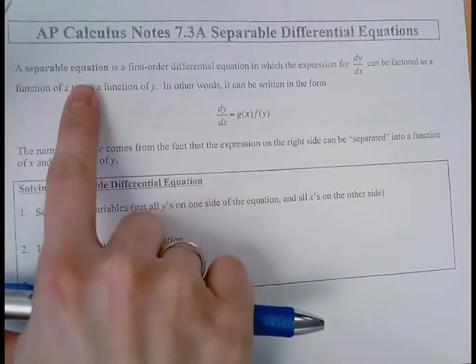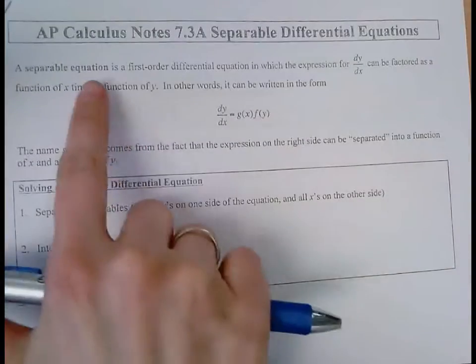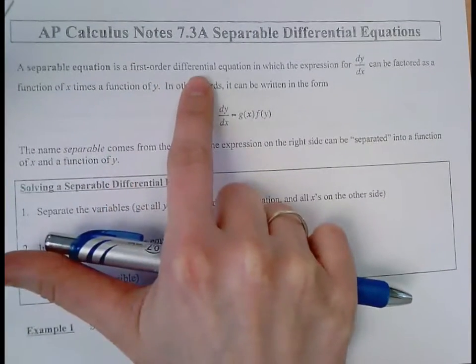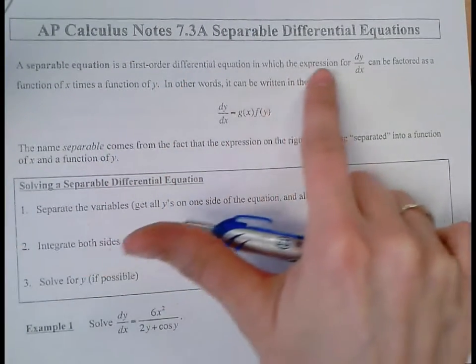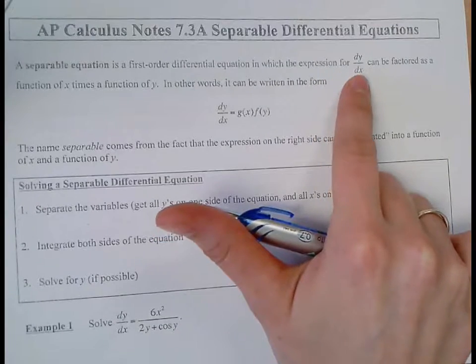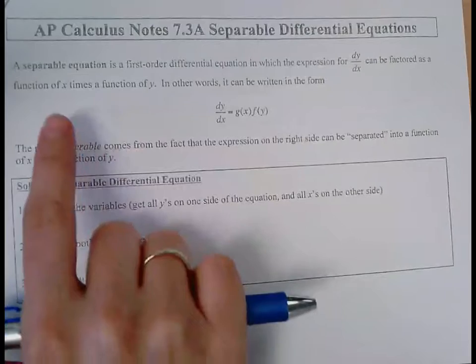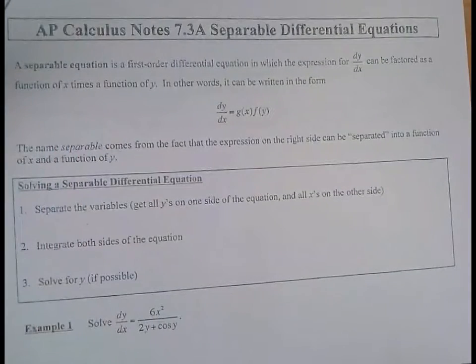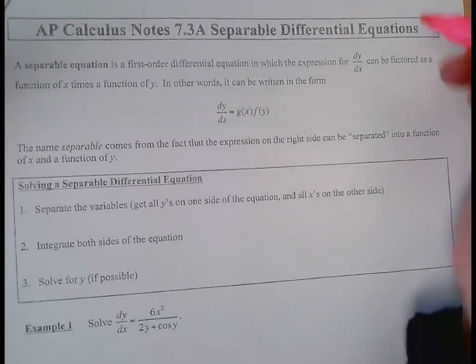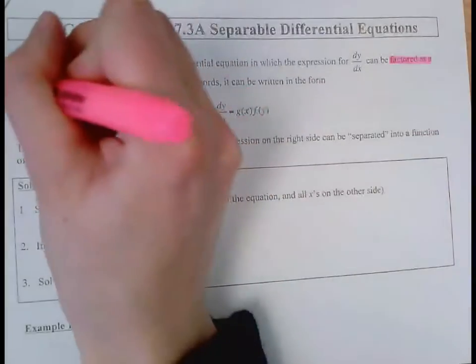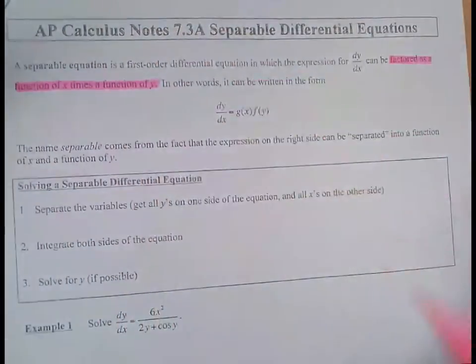A separable differential equation is always a first-order differential equation in which the expression for dy/dx or y prime can be factored as a function of x times a function of y. So that's important. It can be factored as a function of x times a function of y.